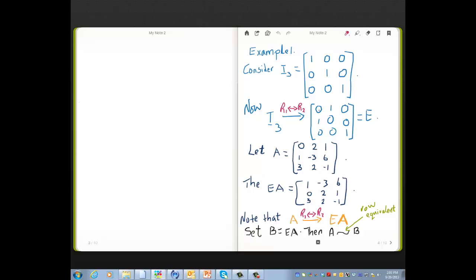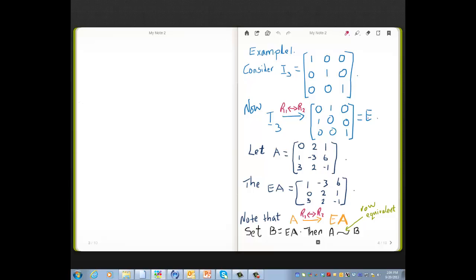That would give us the new matrix 0 1 0, 1 0 0, 0 0 1. This matrix created by this simple elementary operation is called an elementary matrix. It could have been 2 row 1 plus row 2, put the answer in row 2. That would have also resulted in an elementary matrix.